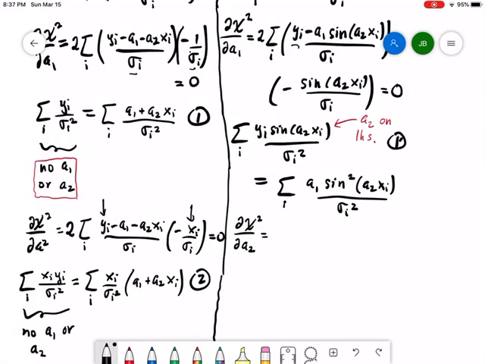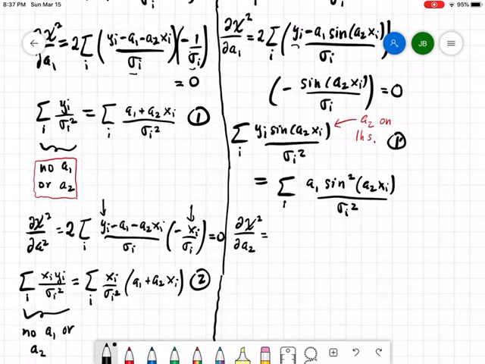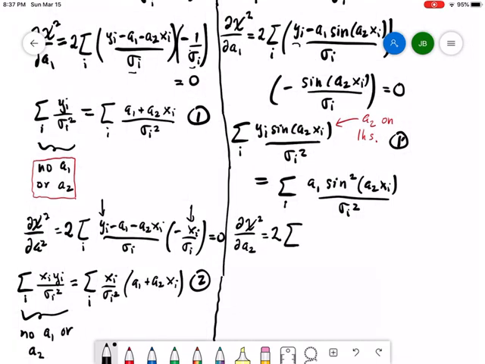Okay, here we go. So we take the a2 derivative, we'll get our usual factor of 2, and then we'd have the sum, and what's inside was yi minus a1 sine a2xi. We divide by sigma i, and then all of that would have to be multiplied by, let's see, we have a minus a1.